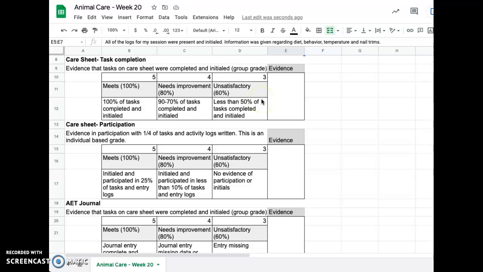But if you are, there's no evidence, because we need to initial those things. A 5 meets 100%: 100% of the tasks initialed and completed. A 4, needs improvement, is 80%, so 90 to 70% of the tasks are completed and initialed. Then a 3, unsatisfactory, or 60%, is less than 50% of the tasks completed and initialed.